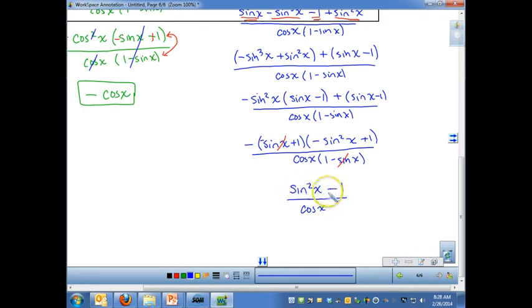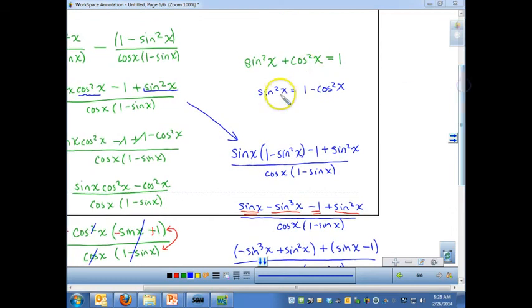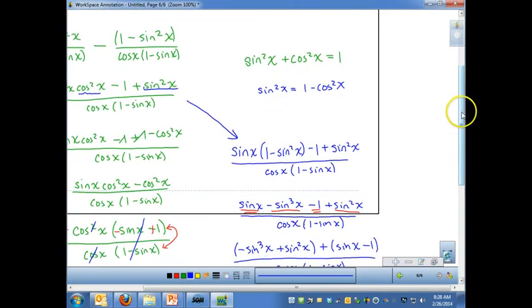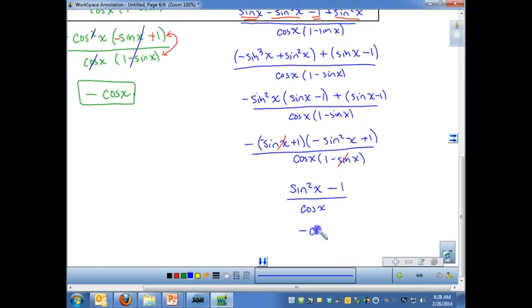And we see that sine squared of x minus 1, remember, sine squared of x minus 1 is negative cosine squared of x. So negative cosine squared of x over the cosine of x. And again, that would reduce to minus cosine of x.